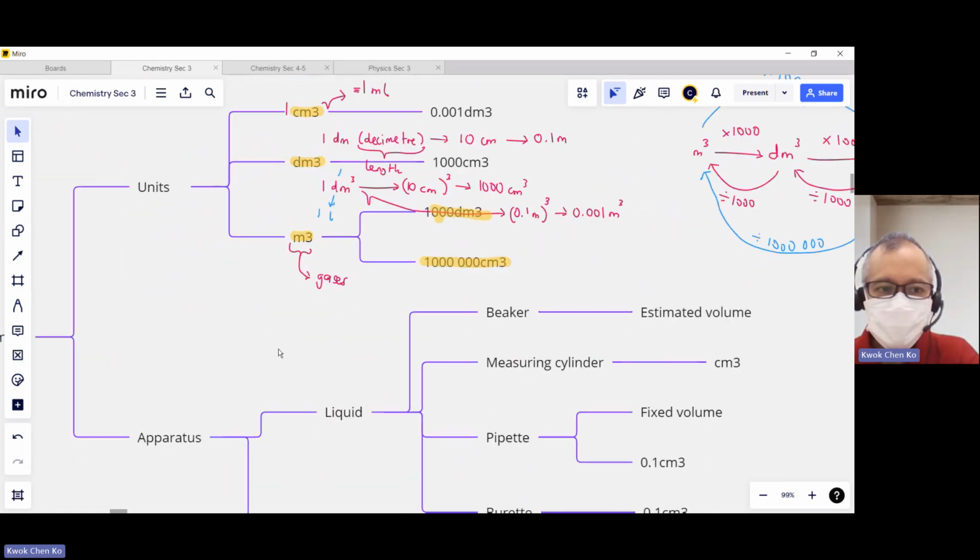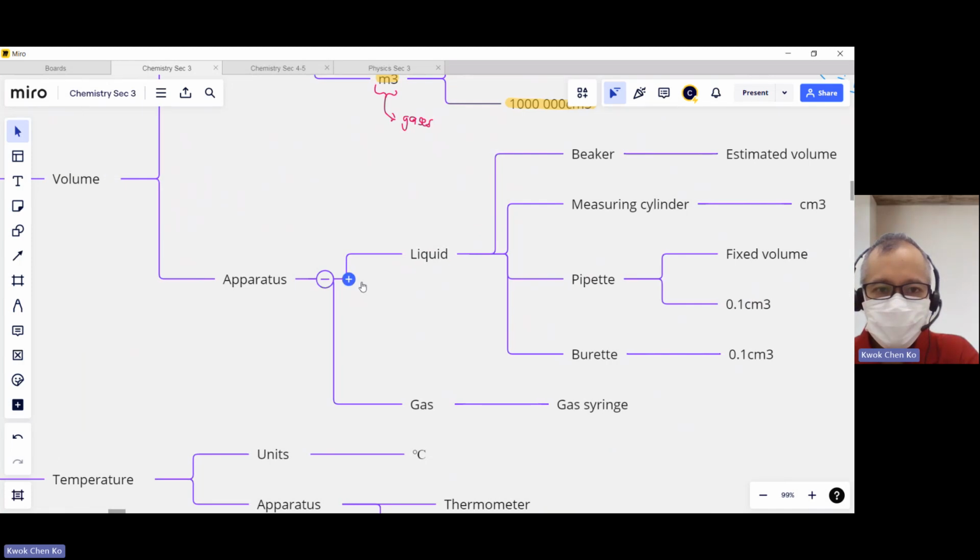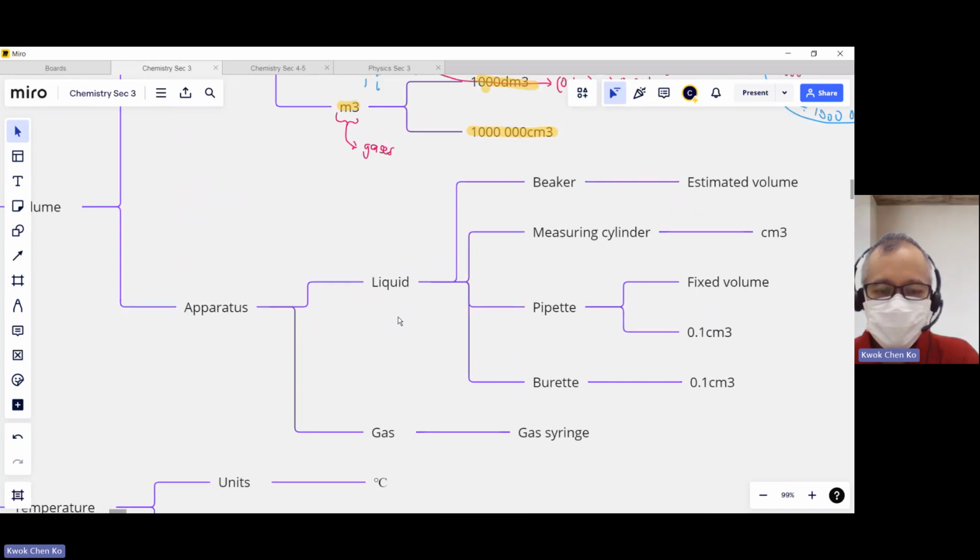Now, next, how do we actually measure volume? Again, let's restrict ourselves to the chemical laboratory. There are two broad categories of apparatus regarding volume. You measure the volume of a liquid or you measure the volume of a gas.